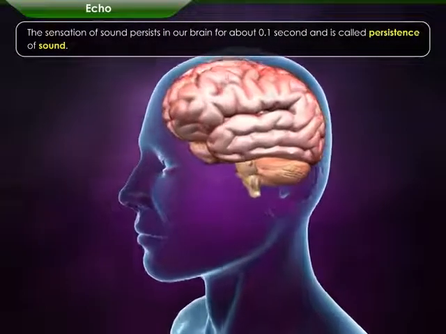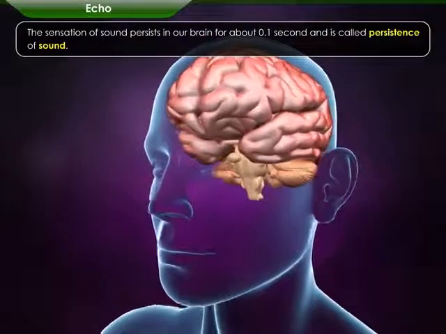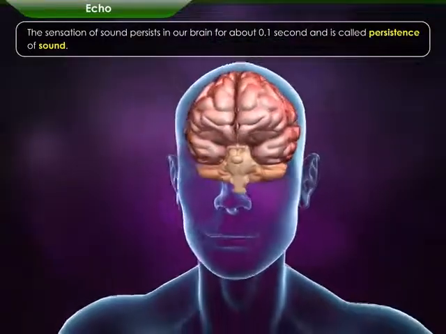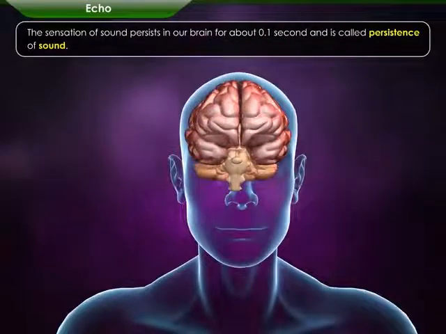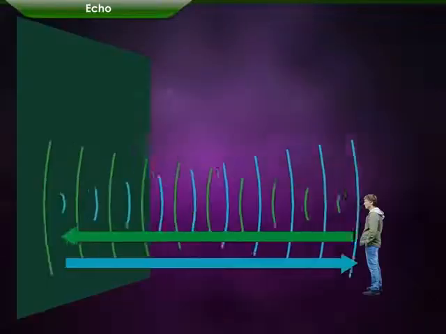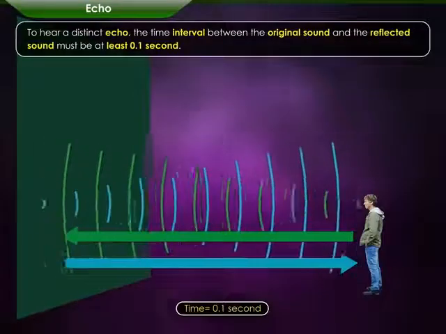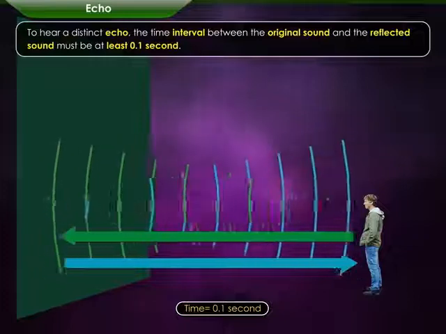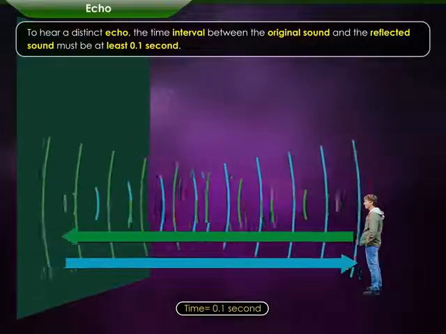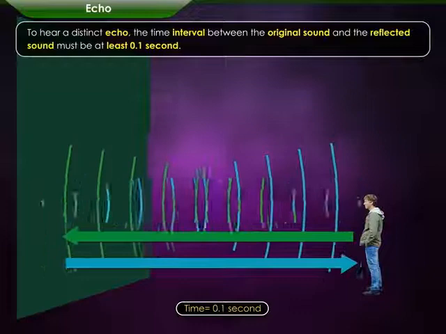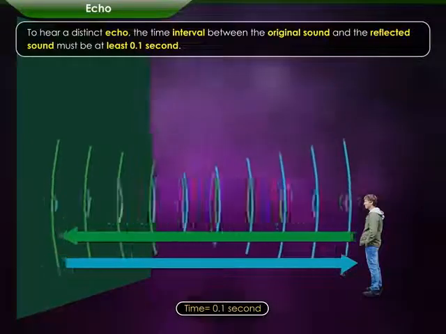The sensation of sound persists in our brain for about 0.1 second and is called persistence of sound. To hear a distinct echo, the time interval between the original sound and the reflected sound must be at least 0.1 second.